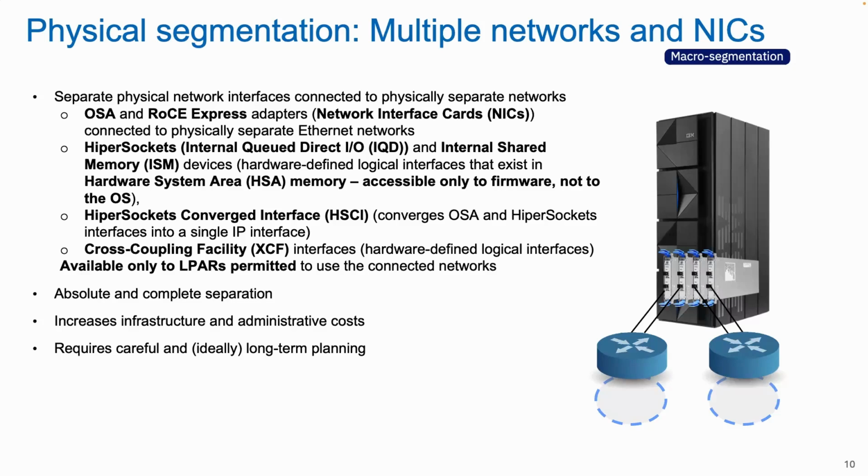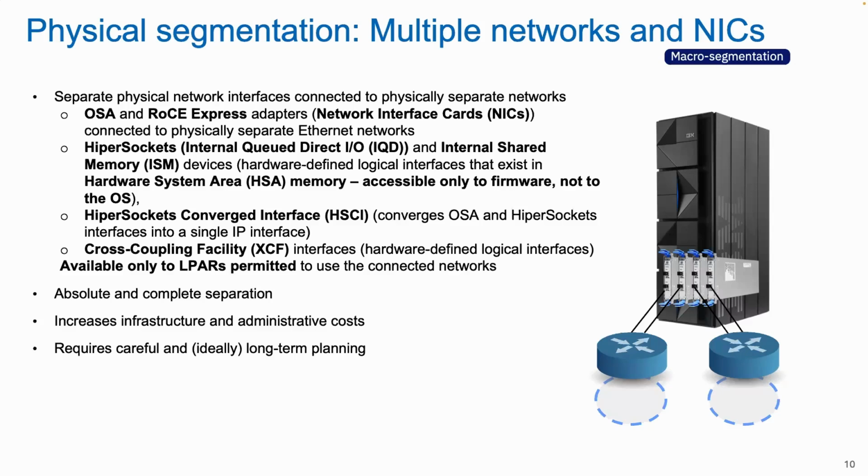And it uses these XCF links in order to communicate with systems that are on a different CPC. These are not recommended to be used as your real networking interfaces. That's where your OSAs and your HiperSockets come into play. But these are used by default to do communication between the TCP/IP stacks.